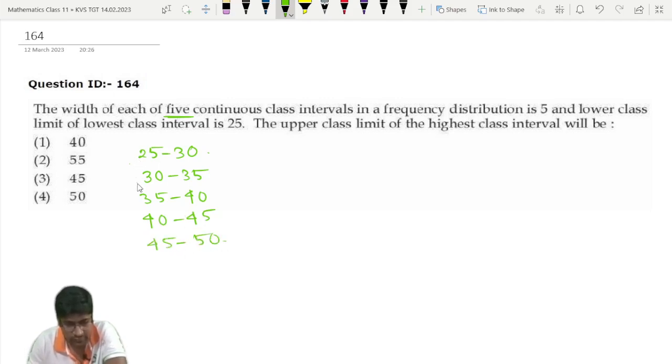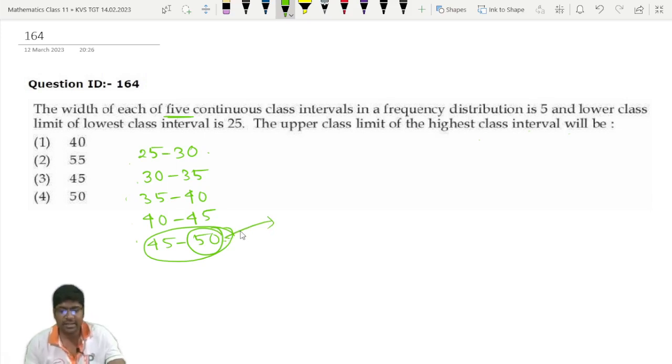These are the 5 class intervals. The upper class limit of the highest class interval will be what? This is the highest class interval, and its upper limit is 50. So 50 is the answer. There is nothing to calculate in this problem, just understanding will work. Option 4 is the correct answer.